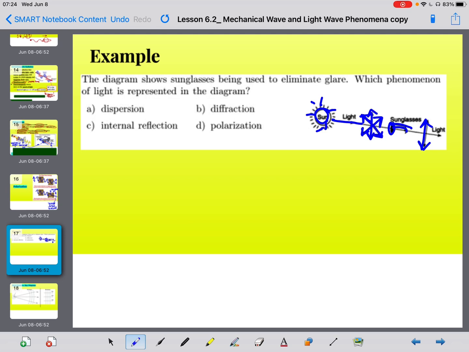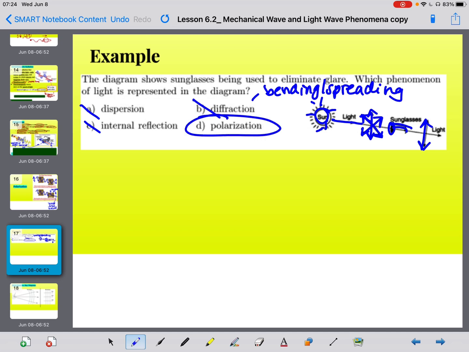And then I put on the sunglasses and I only have the vertical. Well, it's certainly not dispersion, we didn't learn it yet. Certainly not internal reflection, we didn't learn it yet. Can't be diffraction because this is the bending or spreading out of light, and that's clearly not what's happening here. So the only answer that we know to be true is polarization, okay?